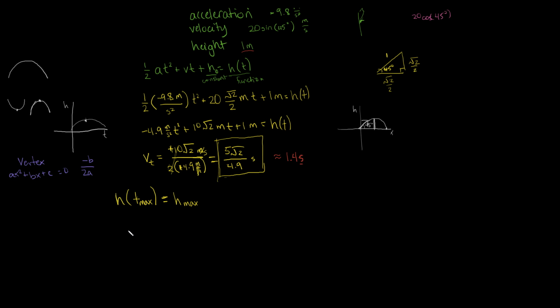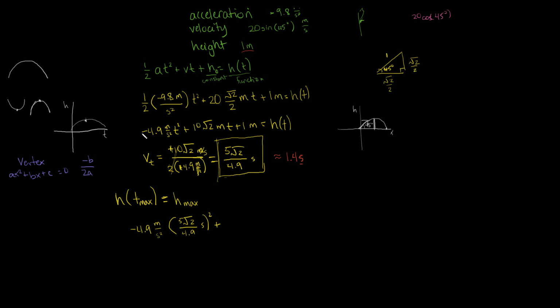Our height of t function is negative 4.9 meters per second squared times our t squared, which is now t max. This is 5 square root of 2 divided by 4.9 seconds squared plus 20.